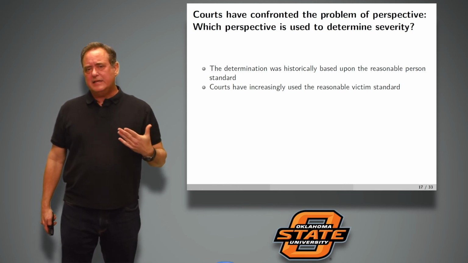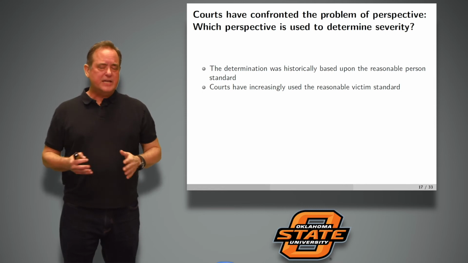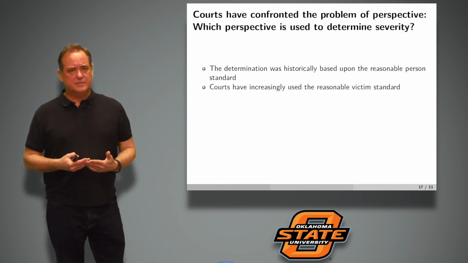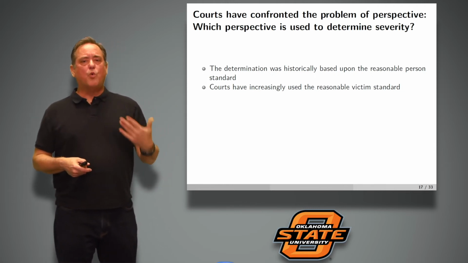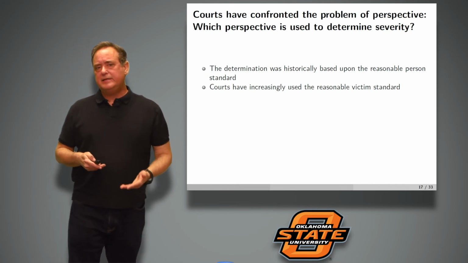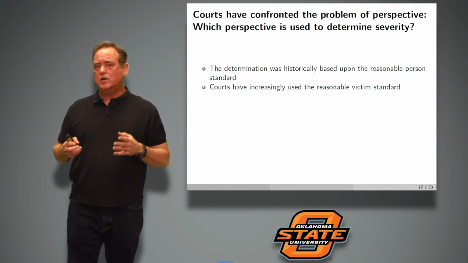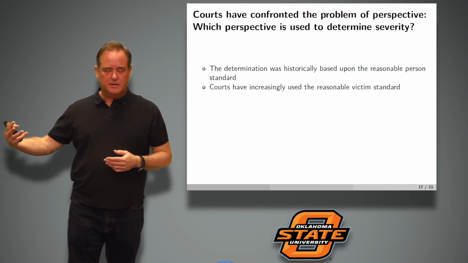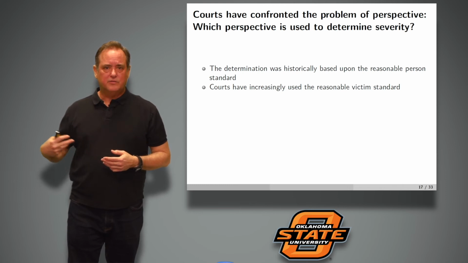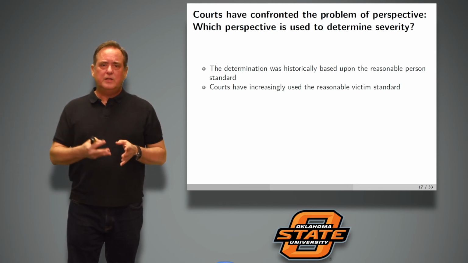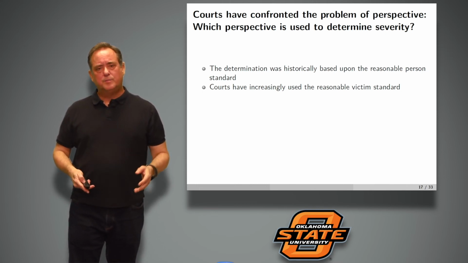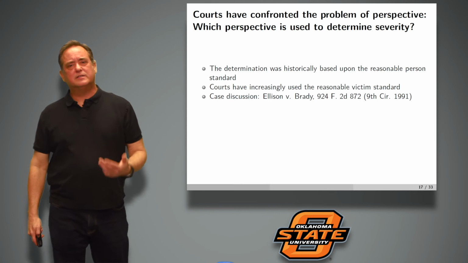Courts have increasingly changed their position to what is sometimes called the reasonable victim standard, or the reasonable worker standard, because it requires that you look at severity not from an anonymous grouping of random people, but from the perspective of this particular person at this particular time.